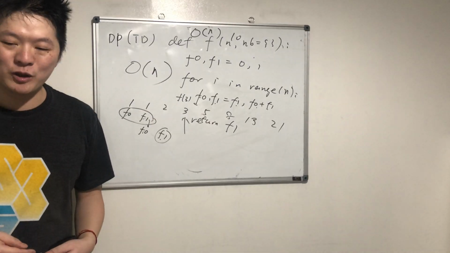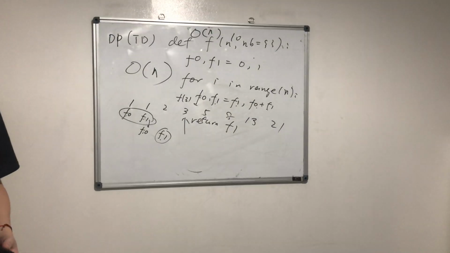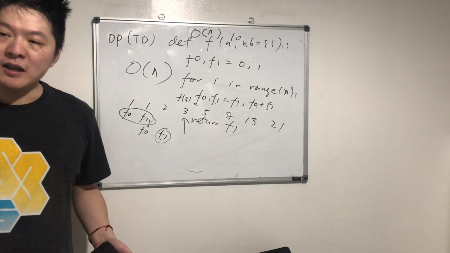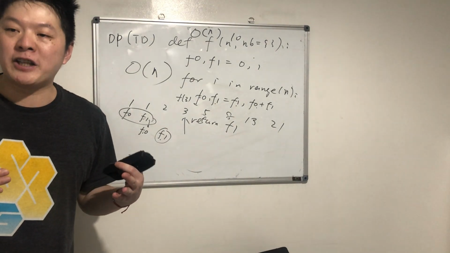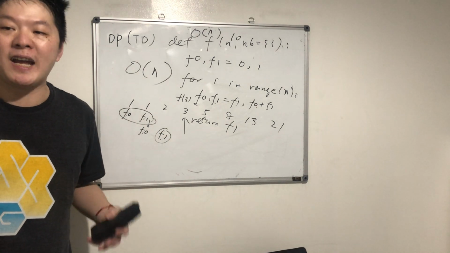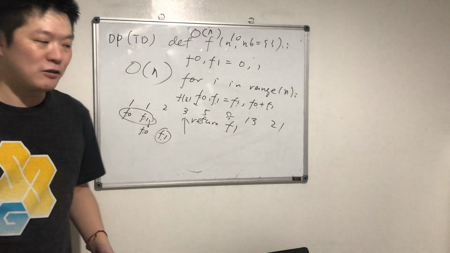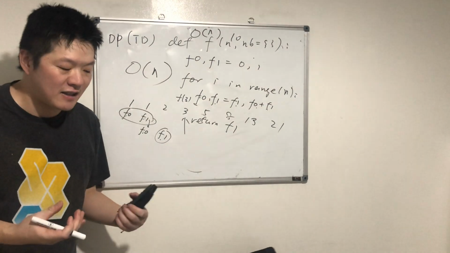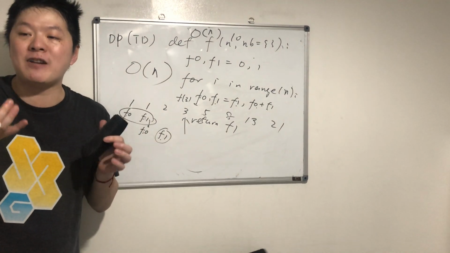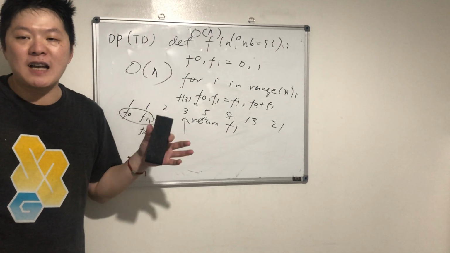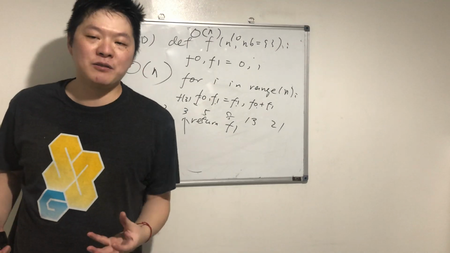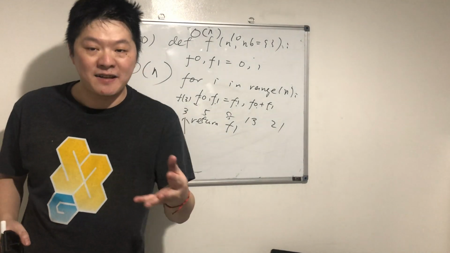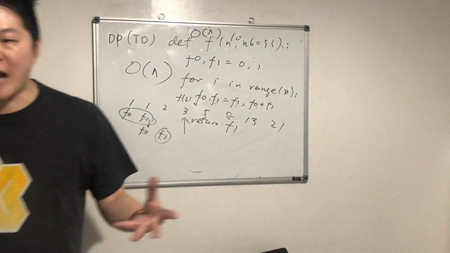What's the advantage? Memorization, to remember and avoid calculating the same value again and again. It reuses results to avoid calculating intermediate results over and over. Because we calculate once, we remember it, we don't come back and calculate it again. This is the advantage.